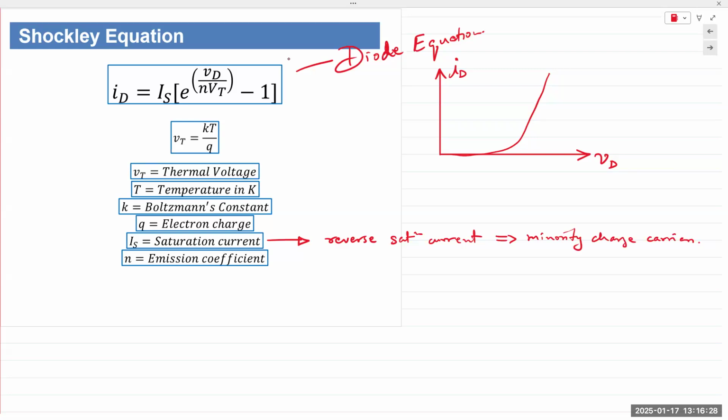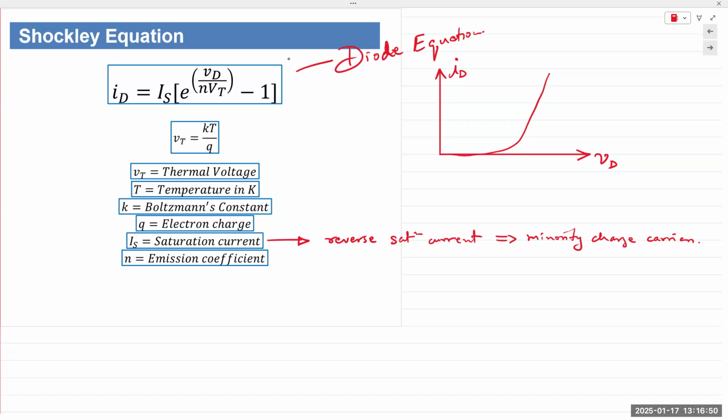So if you have a p-n junction diode and you apply negative to the p-type end and positive potential to the n-type end, the diode is now reverse biased. The depletion region is increasing in size.